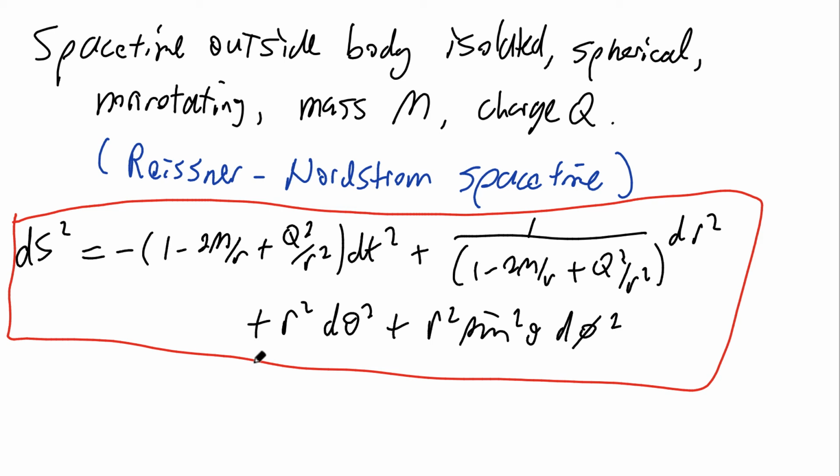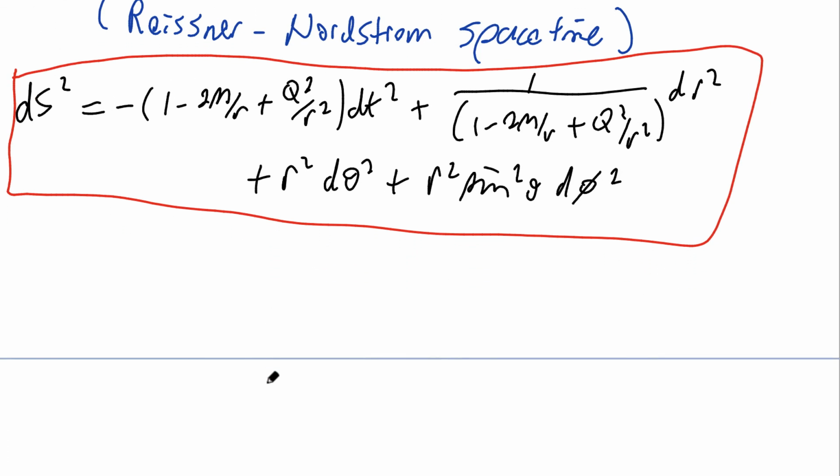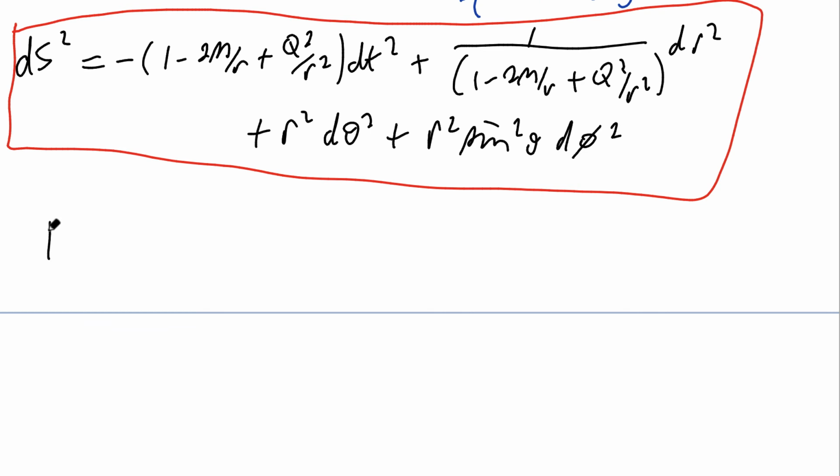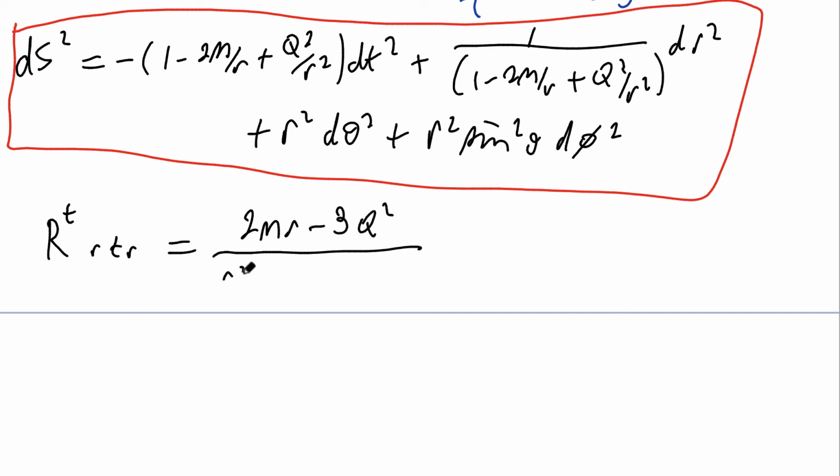From here we can compute the Christoffel symbols and the Riemann tensor. It's a lot of work, so I suggest you use a computer algebra system to do the calculations. What we find is that, let me just quote some of the results. For example, the tr component of the Riemann tensor is (2mr minus 3q squared) divided by r squared times (r squared minus 2mr plus q squared).